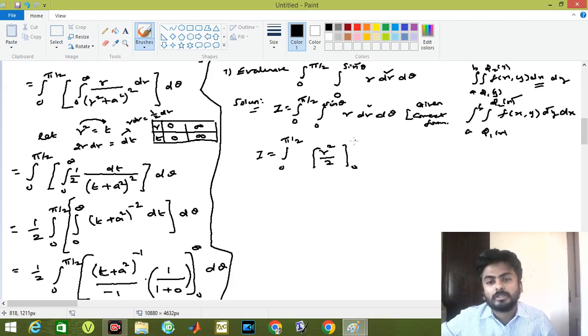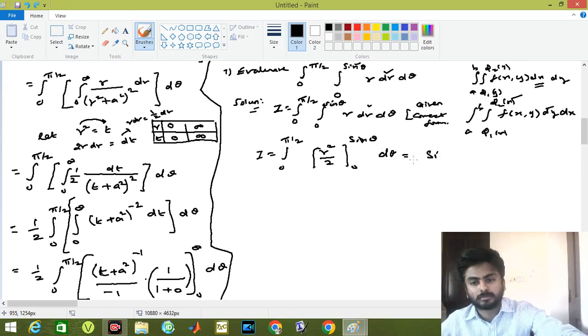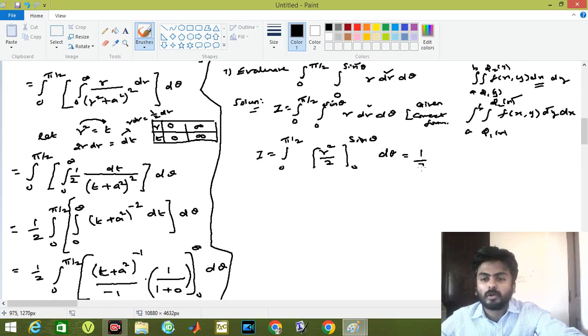The limits are 0 to sin theta into d theta, that is equal to 1 by 2 can be taken outside, so you will have 1 by 2 into integral 0 to pi by 2 sin square theta minus 0, into d theta, okay.